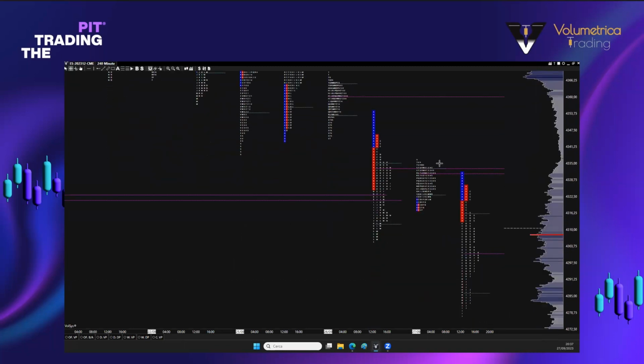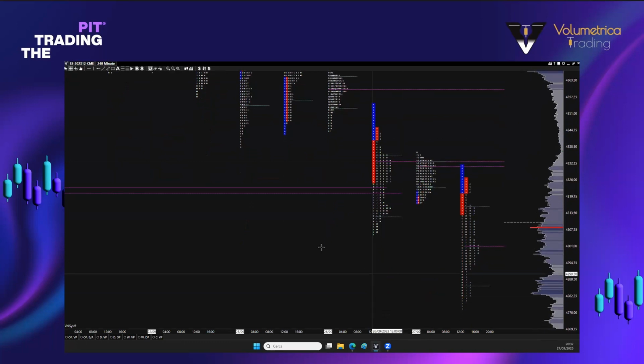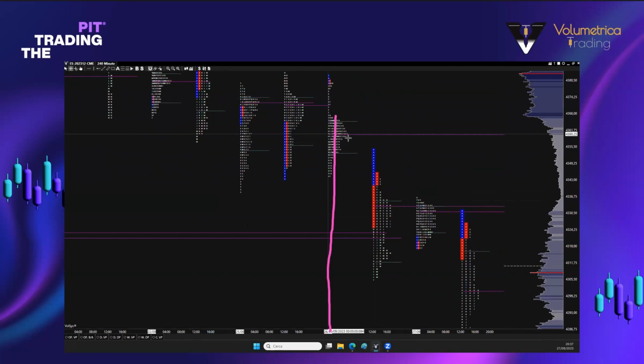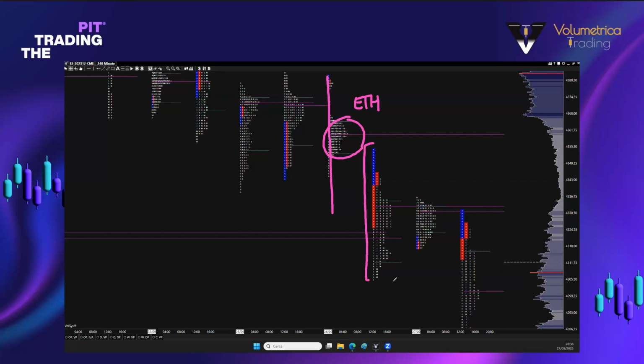Here it is. So, for example, 26th of September, the first one you can see here developing at the beginning of the day would represent the ETH session, so basically the morning European time, and the RTH session comes after.